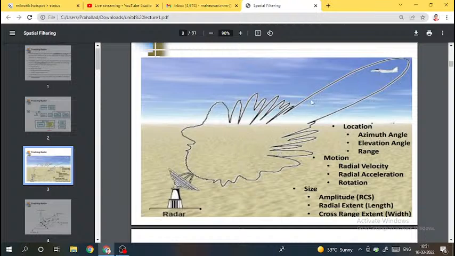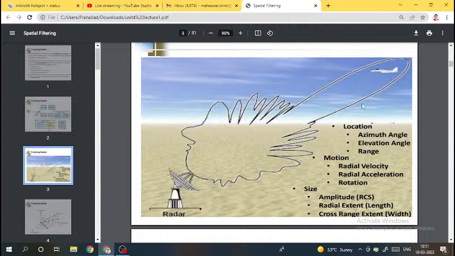Using this type of tracking radar, you can find the location, the motion, and the size. In this unit, we will be concentrating on the three important parameters which give the location of the target. We cannot exactly tell from the main beam of the antenna where the target is; it may be somewhere here or here or in some other direction.